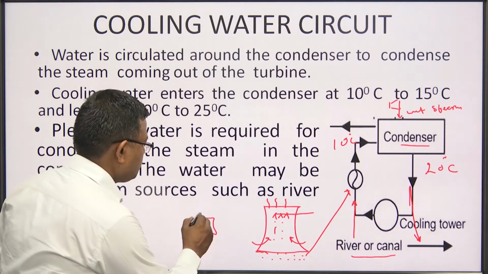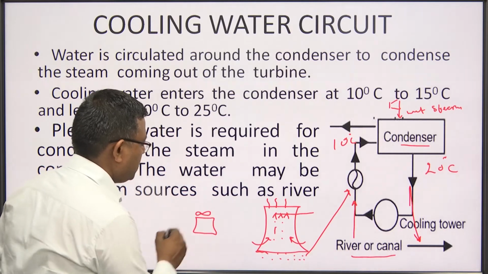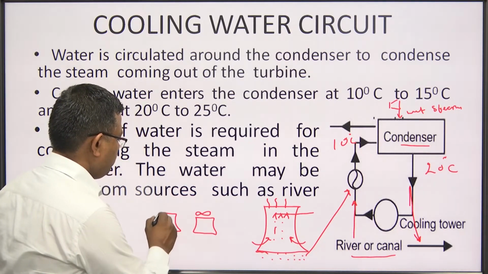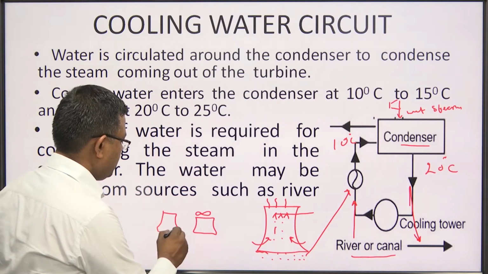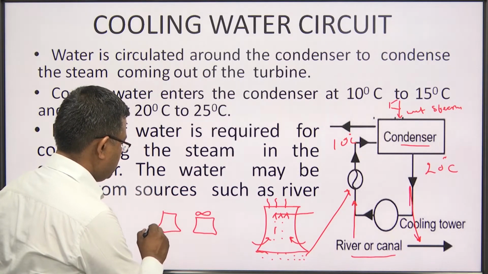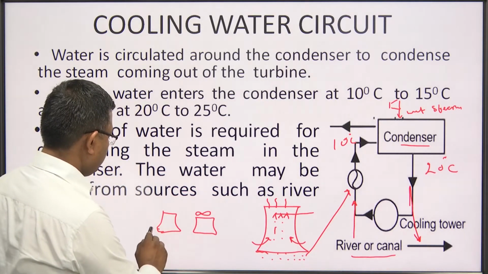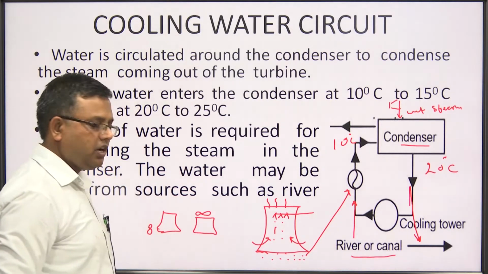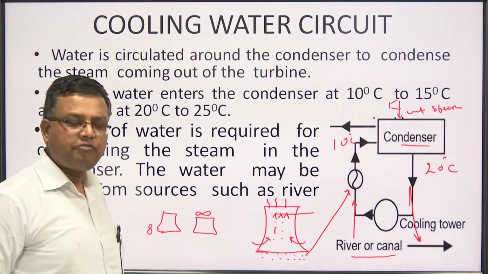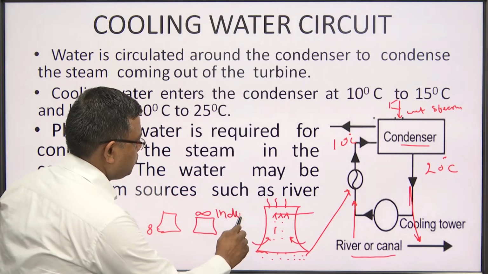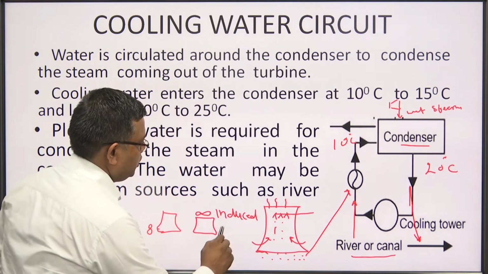We can use a fan at the top of the cooling tower, or we can use a fan at the bottom of the tower. If we are using a fan at the top of the tower, it is known as an induced draft cooling tower.